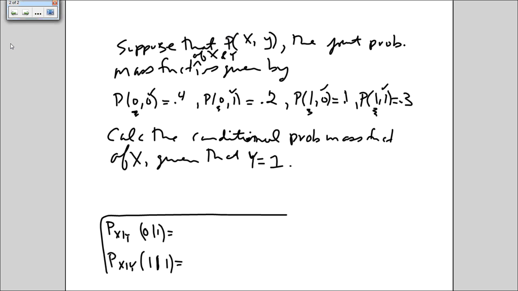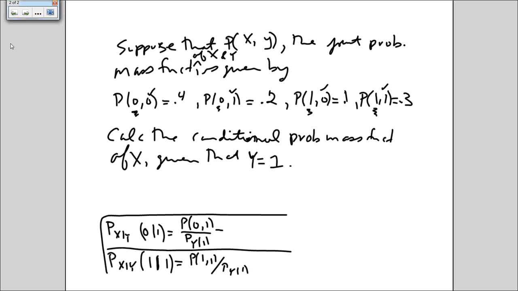By definition, it's going to be P of 0,1 divided by P_Y of 1, and the bottom one is P of 1,1 divided by P_Y of 1.